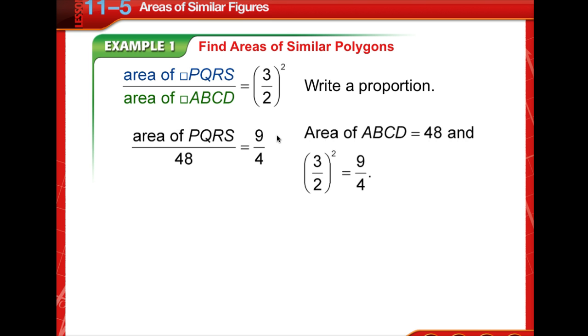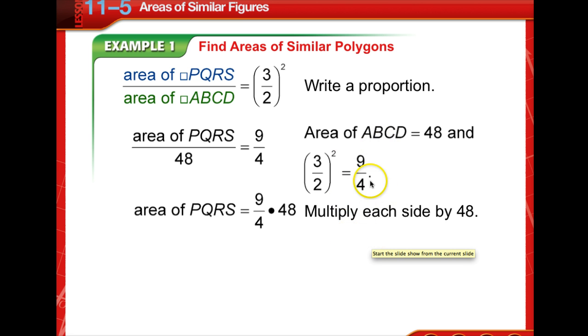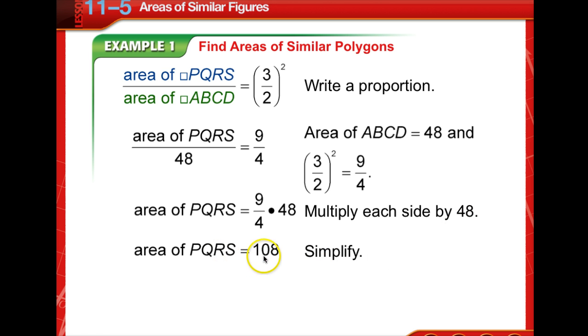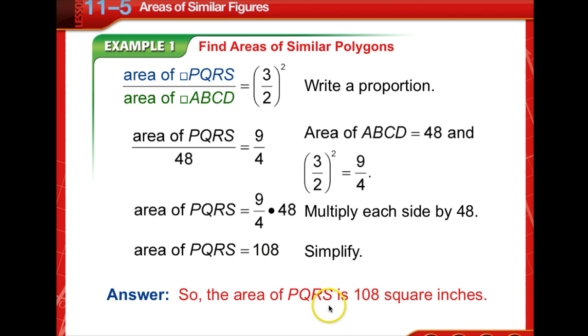So write a proportion. You know what the area of ABCD is. So we take the square of that scale factor, multiply it by 48 to find the area of PQRS. So the area of PQRS is 108 square inches.